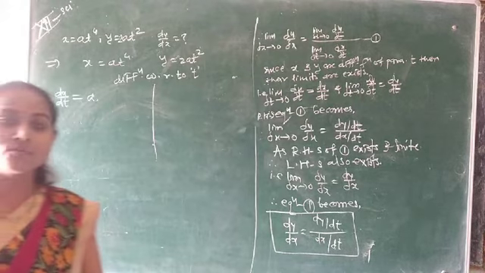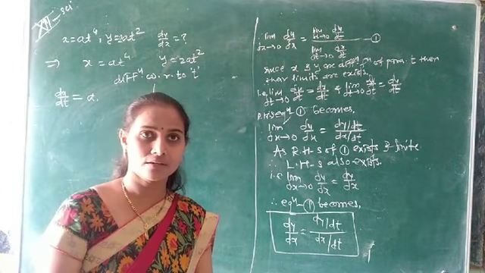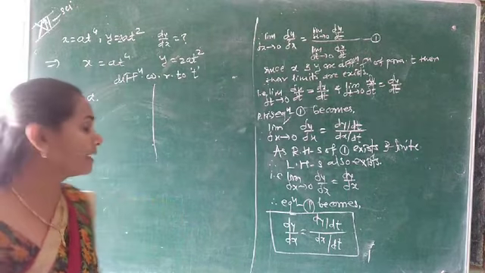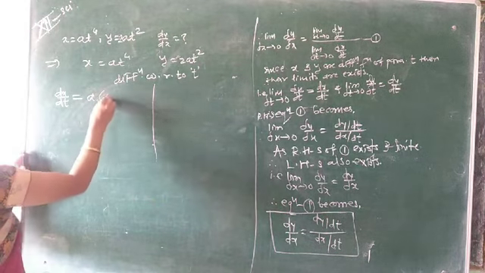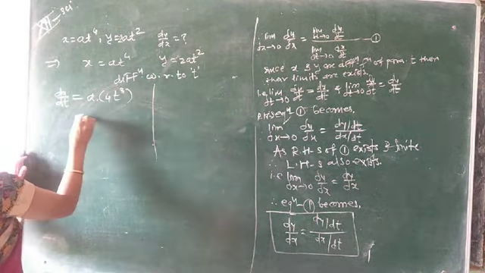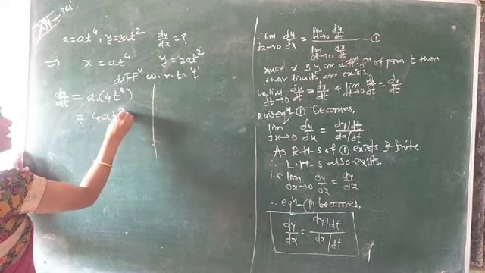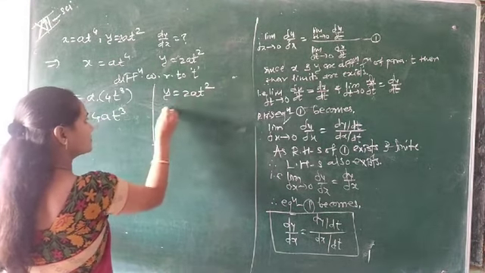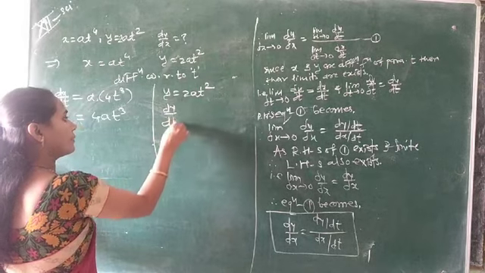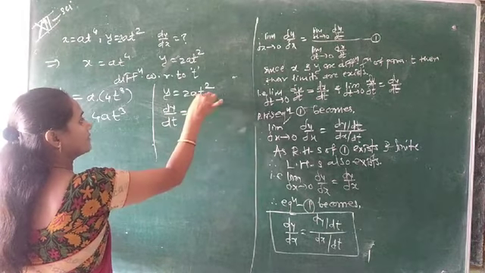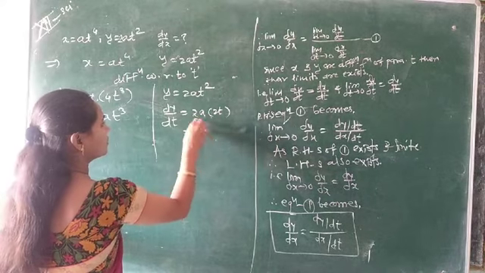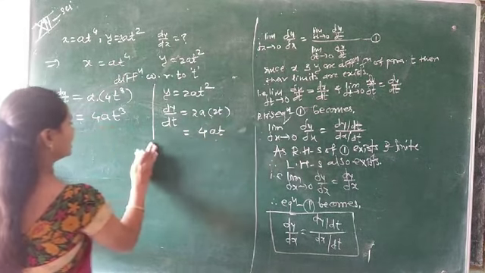The derivative of t raised to 4 is 4t cube, so here 4at cube. Now y is equal to 2at square, then dy upon dt: 2a is constant, the derivative of t square is 2t, which is equal to 2 into 2, 4at.